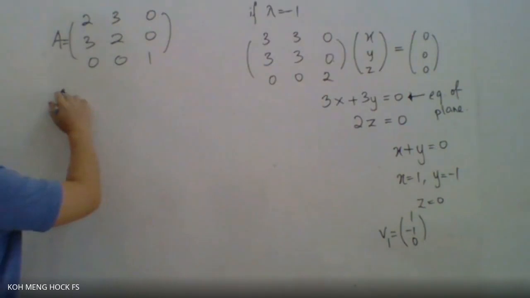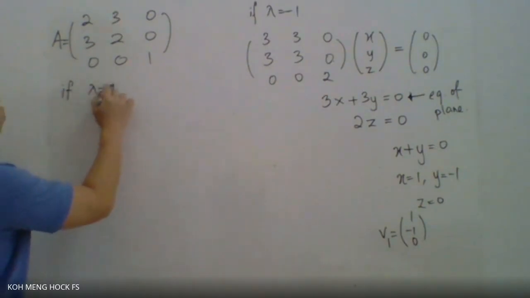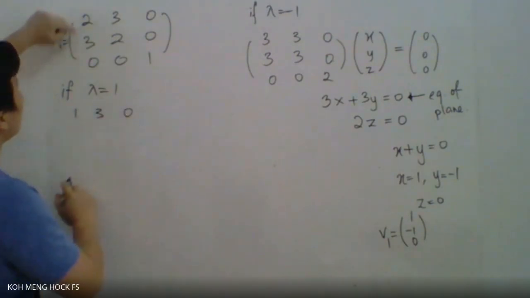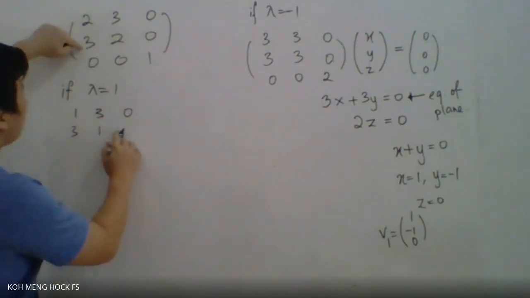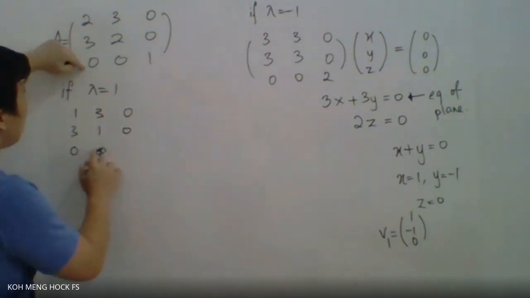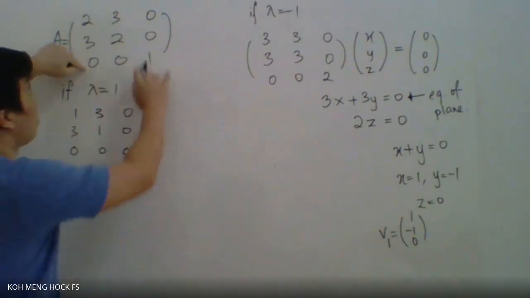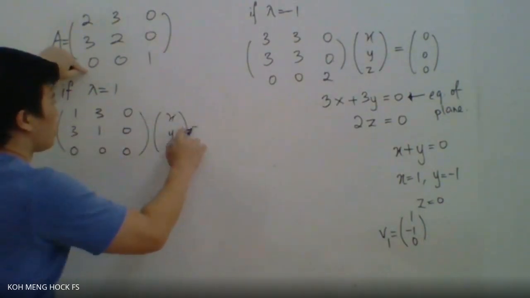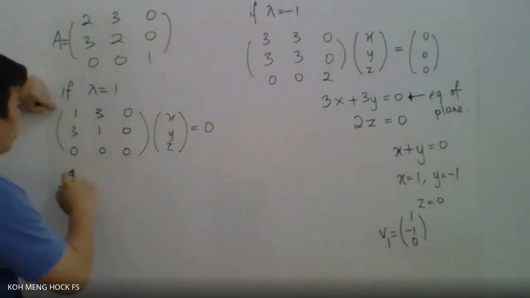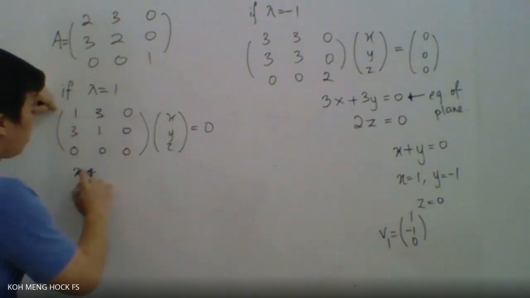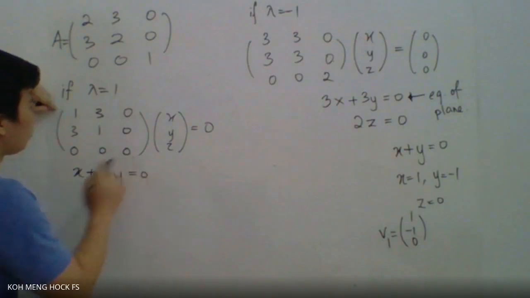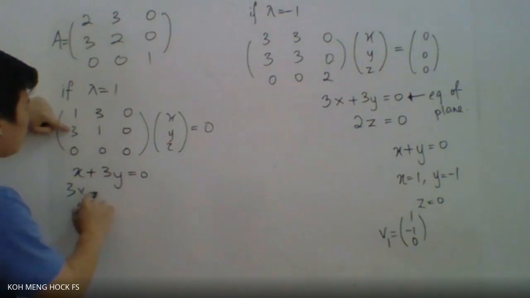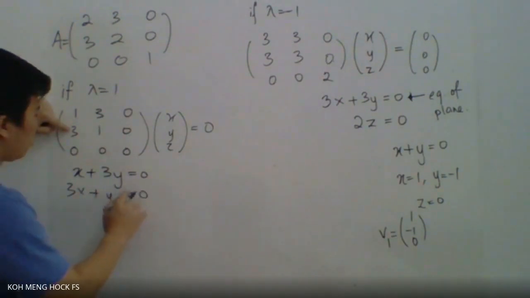Then you do the same for lambda equals to 1. So now you have 2 minus 1, 1, 3, 0, 3, 2 minus 1, 1, 0, and 0, 0, 0. So here you have x, y, z equals to 0. So here you have x plus 3y equals to 0, or you can have 3x plus y equals to 0.